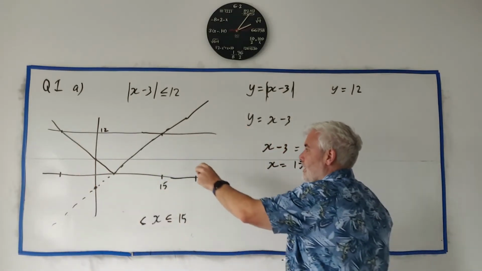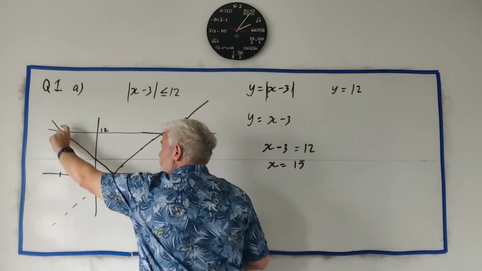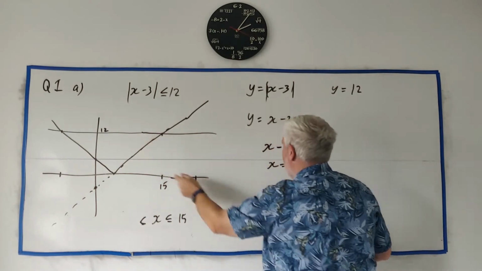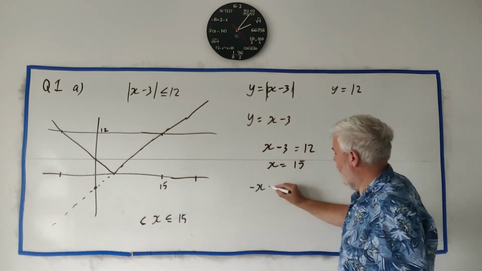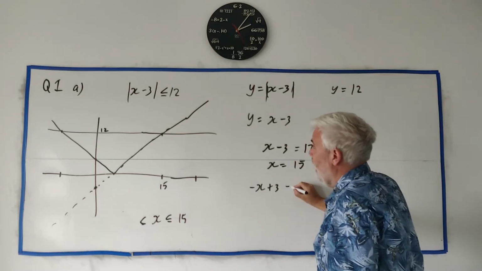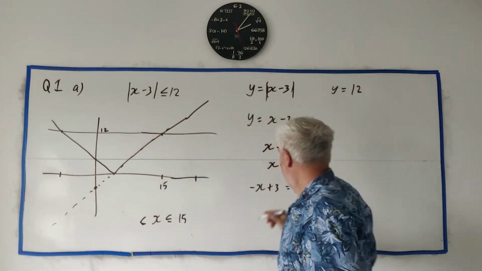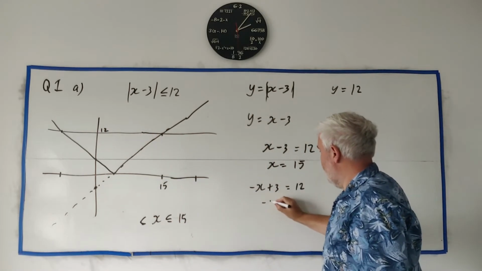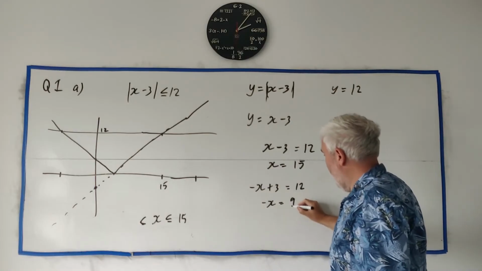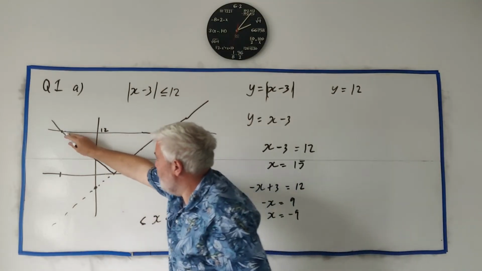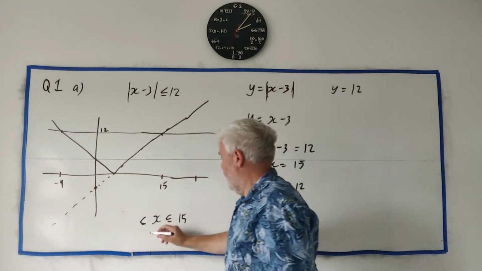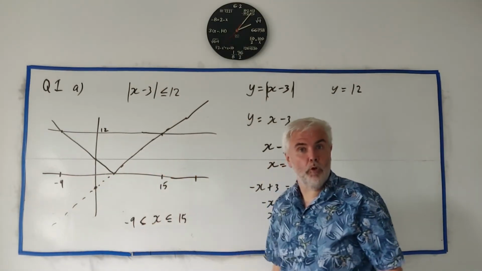Well, this bounce here, this line here is the minus of this one. So that's just minus x, minus 3, plus 3. And this line is still 12, equals 12. We solve that, we get minus x equals 9, x equals minus 9. That's this point here, minus 9. And that's our full answer.